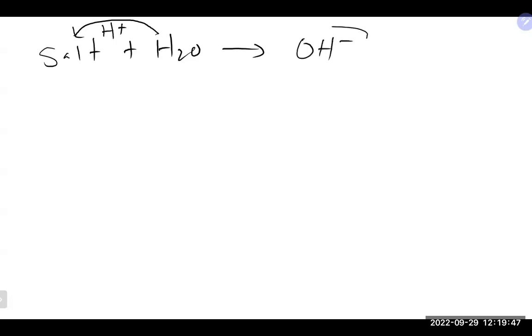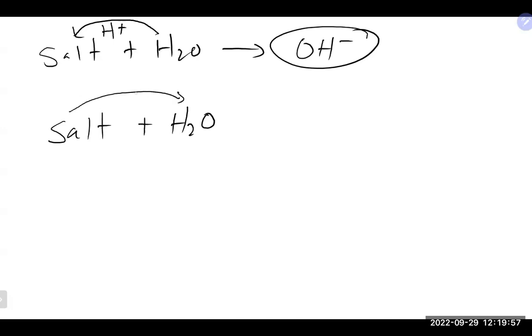The salt will act as a base, and it will accept an H plus from the water, and it will produce basically hydroxide. The other option would be the salt acts as an acid and will give away an H plus, and that will produce H3O plus.